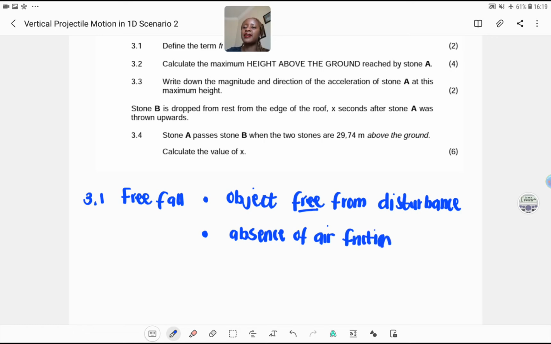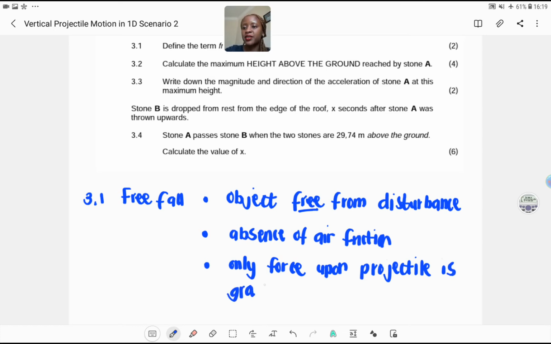And the most important thing about free fall is that the only force acting upon the projectile, the stone in this case, is gravitational acceleration. So that's basically what free fall is.